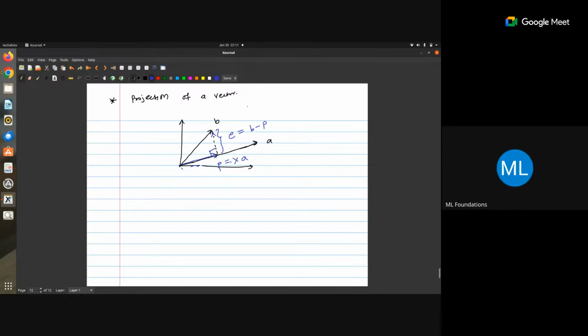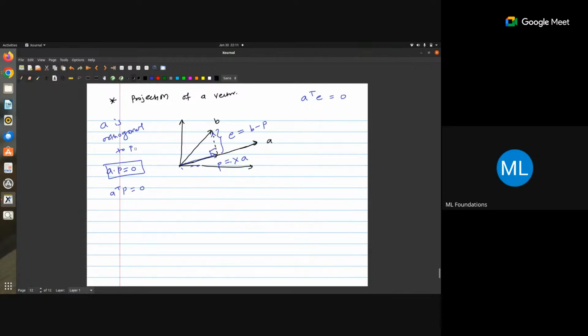So can I say that A transpose E equals 0, because the dot product of these will be 0? It is orthogonal. That means the dot product between A and E is equal to 0, and the dot product can be written as A transpose E, right?